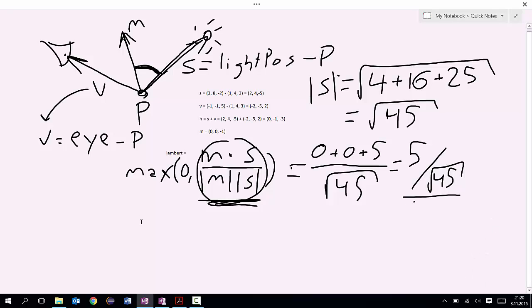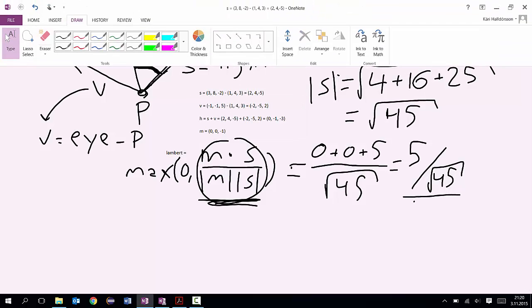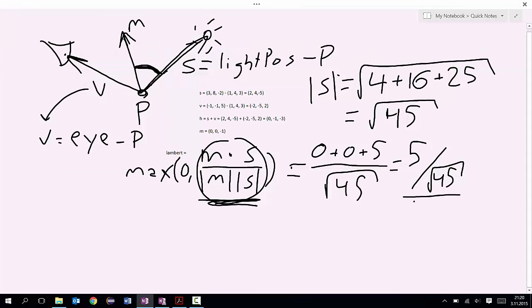The other factor that we need, so this is the diffuse part of the light, the diffuse intensity. So another intensity that we need is the specular part, and the halfway vector that we calculated here, so we're imagining a vector here, the vector h, that's halfway between the vector v and the vector s, and its length doesn't matter because we're going to divide by it anyway.